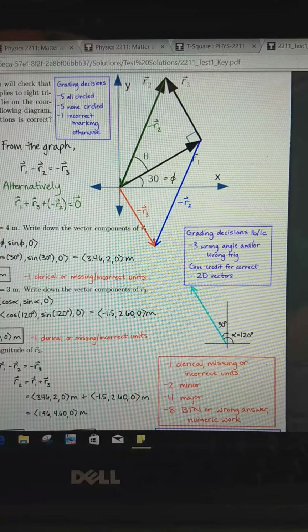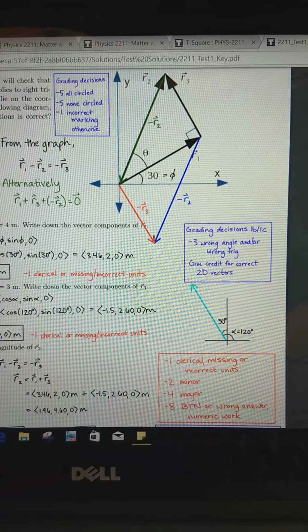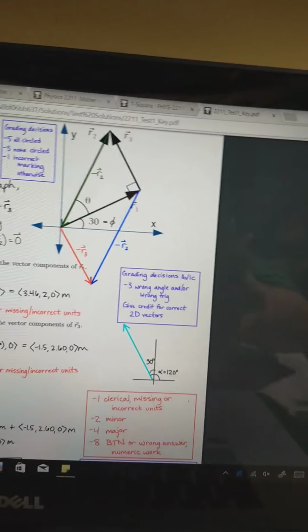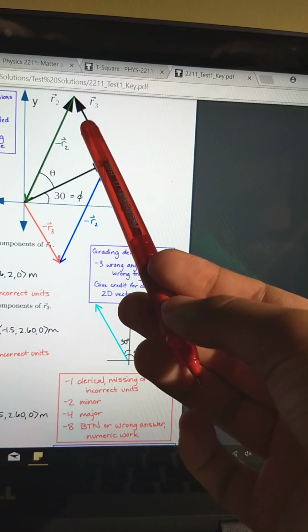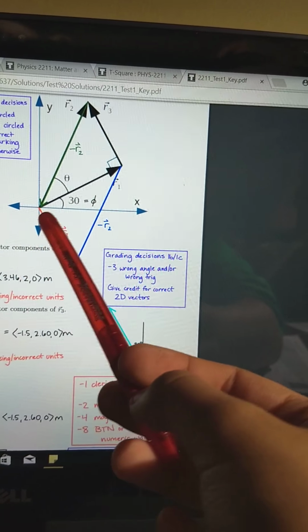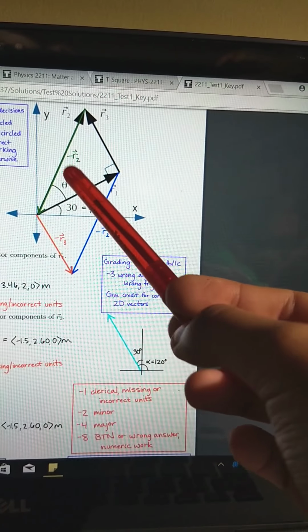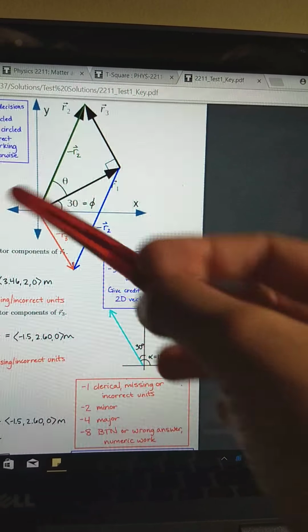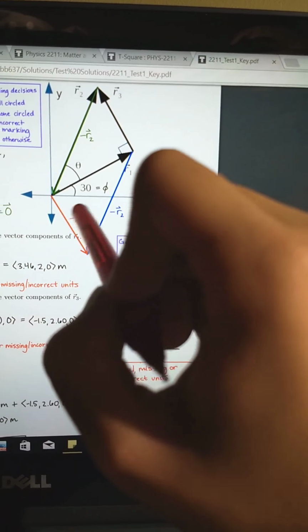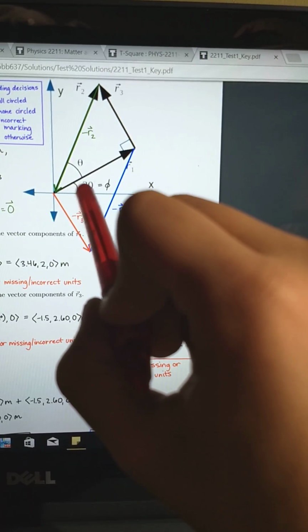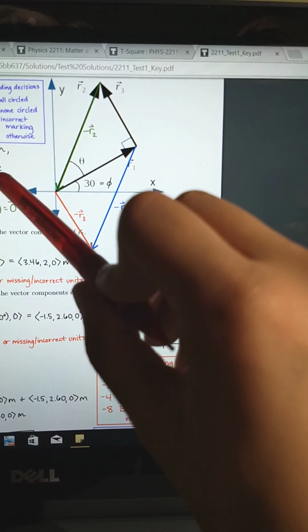Let's see, reasoning as to why. Well, I suppose if you were to move this R3 to the origin, it's not going to be this angle that's in between, but rather the first one. And then this angle would be the angle that's there.